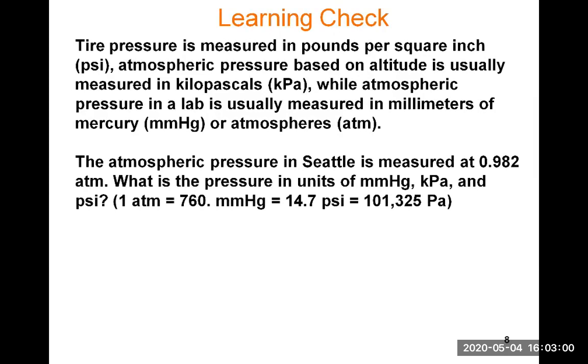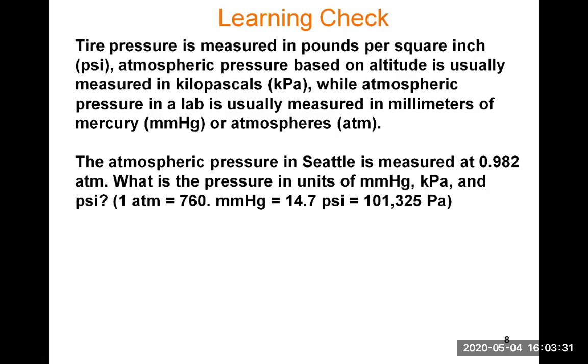You're given the equalities between atmosphere and millimeters of mercury, millimeters of mercury and psi, psi and atmosphere, and pascals and psi, and you need to understand that all these equal signs apply to all the statements in those equalities, okay? So please practice this on your own before you watch the answer.